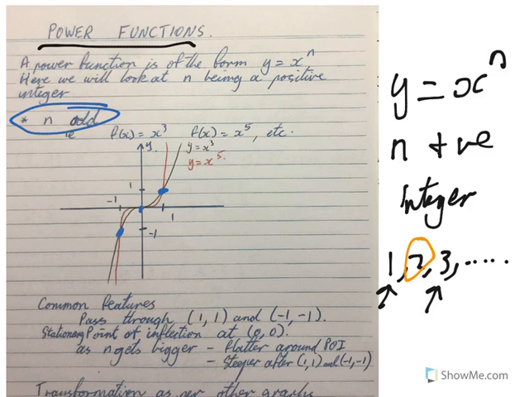So, as it says down here, these are the common features. They pass through those points I've mentioned, there's a stationary point of inflection at (0, 0), and as n gets bigger, it's flatter around the point of inflection, so in the middle here it's flatter, and steeper in this bit here or here.